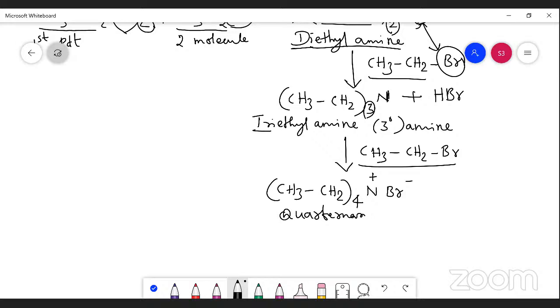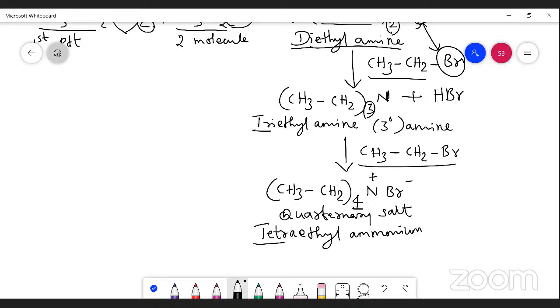Generally, quaternary salt means we should indicate charge separation, because one positive, one negative we should write. That's why I am writing N plus and Br minus. Okay, this is a quaternary salt. So tetraethyl ammonium bromide as a specific name. Ethyl group is how many times? 4 times.